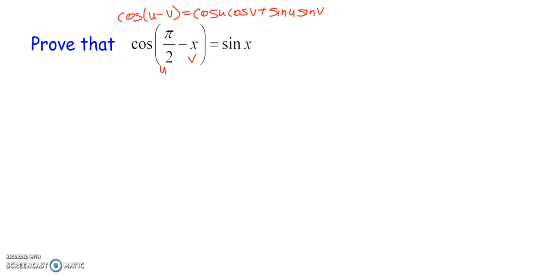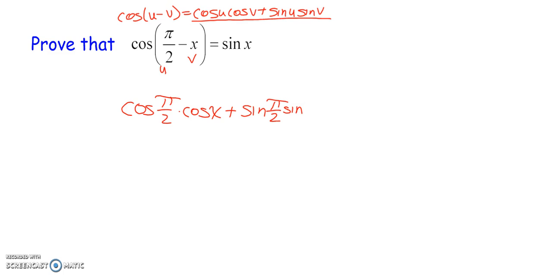If I expand it and write it like that, it's going to look like cosine pi over 2 times cosine v, cosine x, not v anymore, plus sine pi over 2 and sine v. I'm sorry, sine x. Whoa, I keep using the wrong variables.